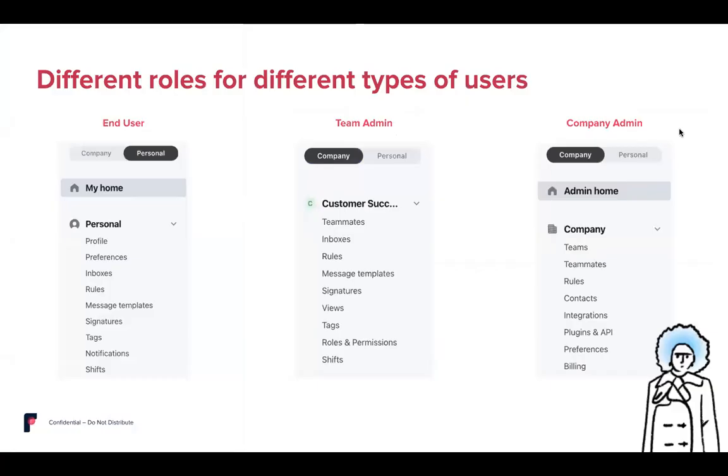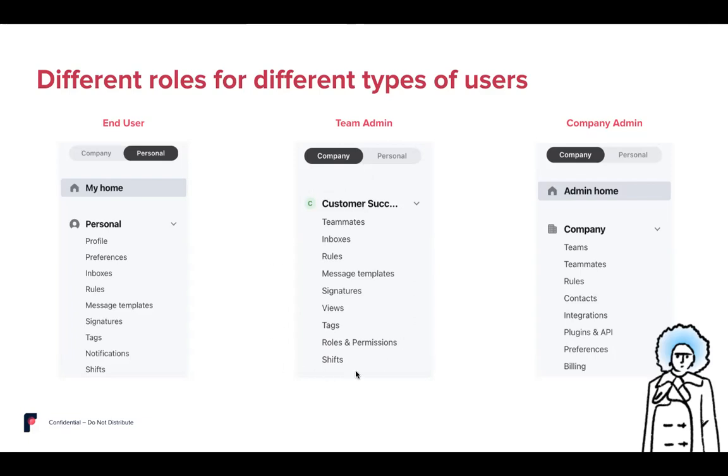We do want you to know that there are different roles for different types of users. Starting on the left-hand side, end users will primarily only have the ability to edit their own personal preferences, such as their own profile, their inboxes, or their personal rules. Team admins will have a few more preferences other than their personal preferences, but are specific to a team level, as you can see here.